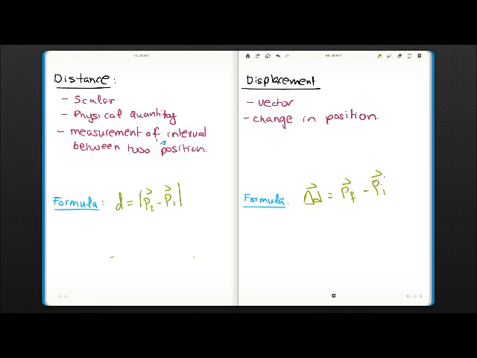So the way to memorize it is basically distance is how much ground has been covered by the object, whereas displacement is basically the change in position. So here's an example. Say we have the origin here, and here's your home, and here's your school. So this is minus 20, and this is plus 20 meters, say for instance.